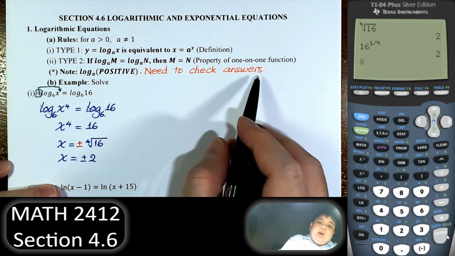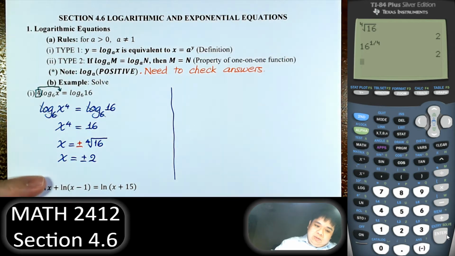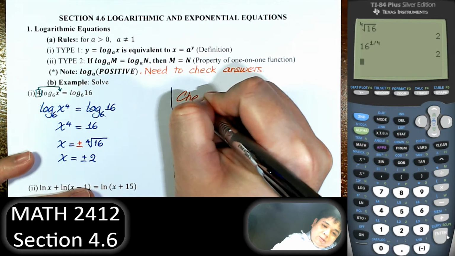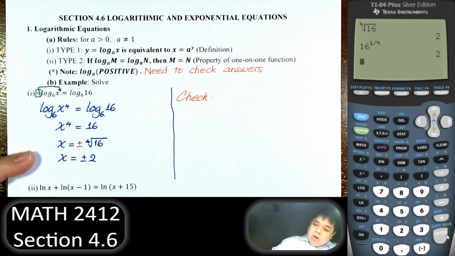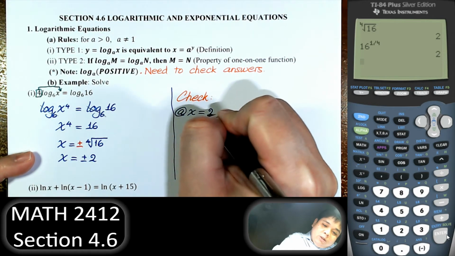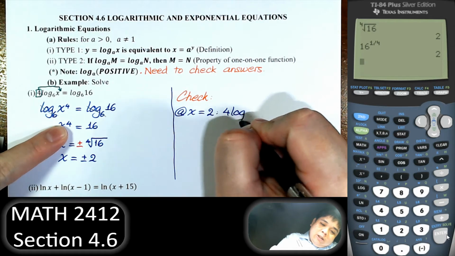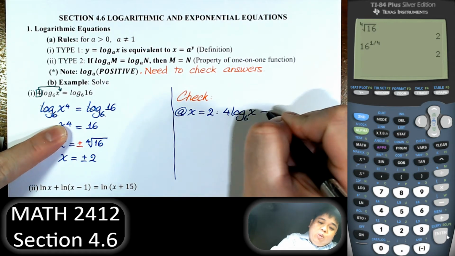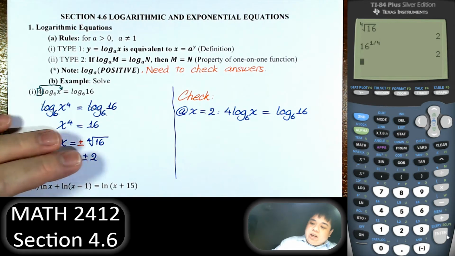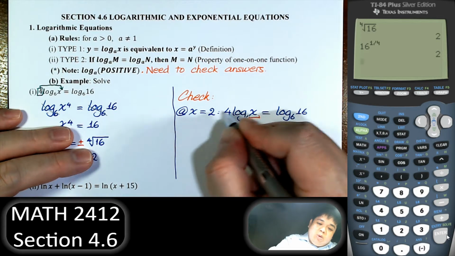But note that we always have to check the answer. Right, at x equal to 2, I put 2 in for x. Note that we don't need to confirm that they are equal. All we need to check is that inside the log is positive.